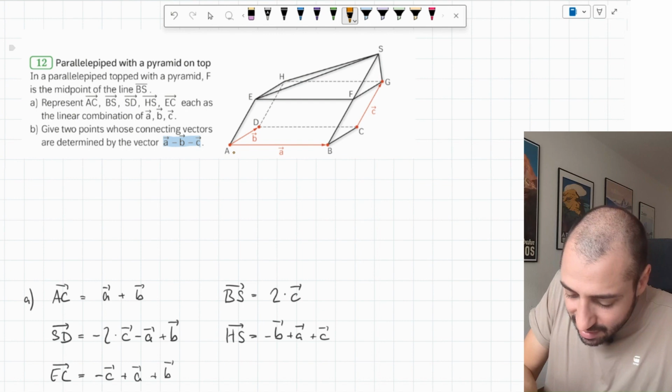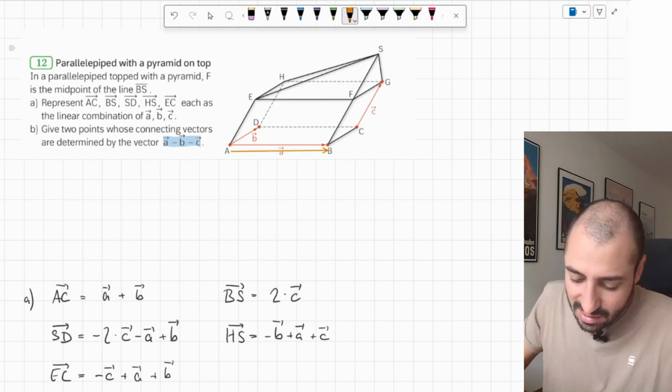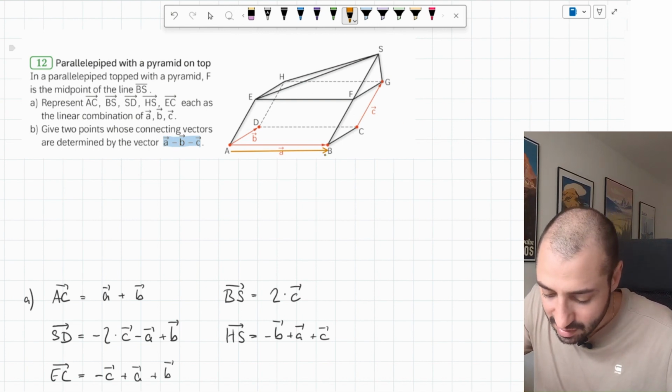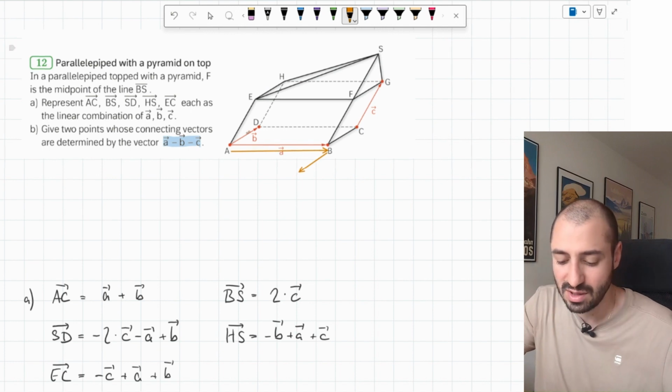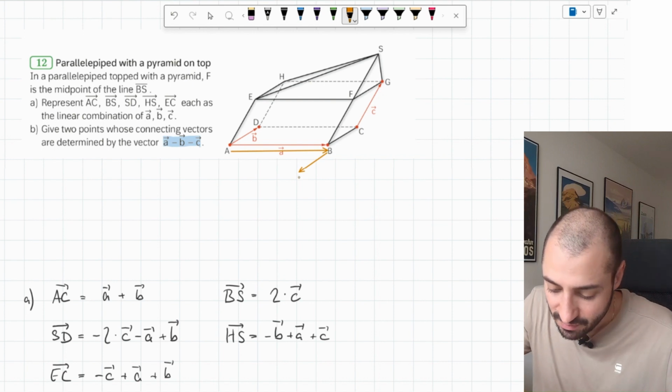So we start with A. That's the vector A, right? Then we subtract B. So we'll have this vector here. So this is supposed to represent minus B. And then we also subtract C, so this vector here.